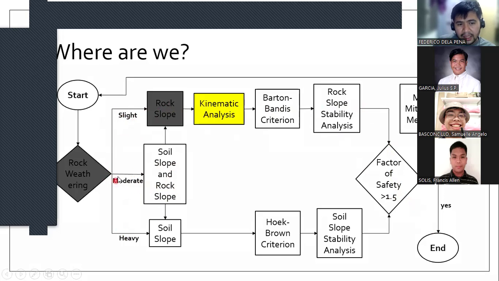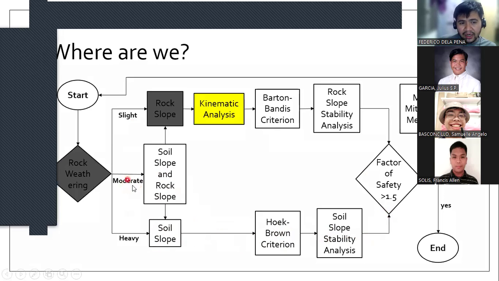Now, if your outcrop or rock material is heavily weathered, it will act essentially as a soil slope. So you have to use your soil mechanics strengths like the GSI, the Hoek-Brown criterion, and analyze it as a soil. Okay?